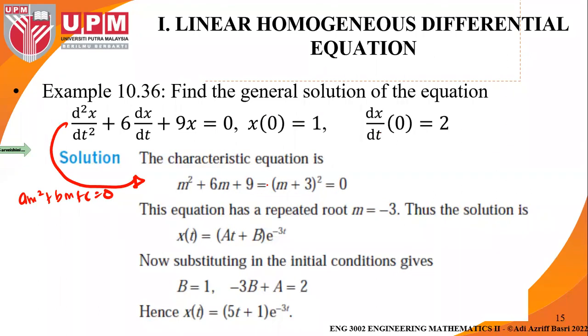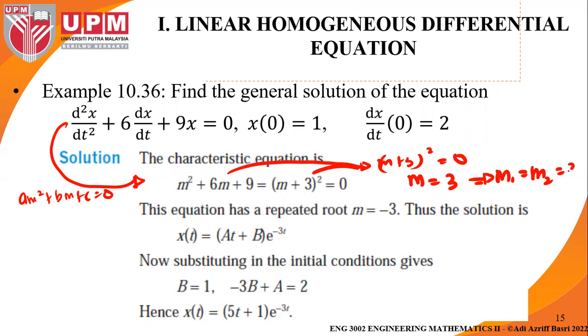But this one can be simplified to a factor, m plus 3 square equal to 0. From here we know that our root is m equal to negative 3, or you can say m1 equal to m2 equal to negative 3.